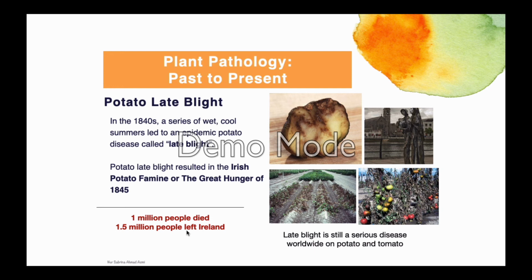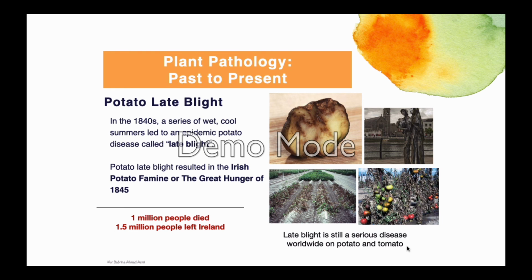It can result in human migration and changes in human population. Nowadays, these diseases still occur in potato, and the pathogen not only attacks potato but currently also attacks tomato.